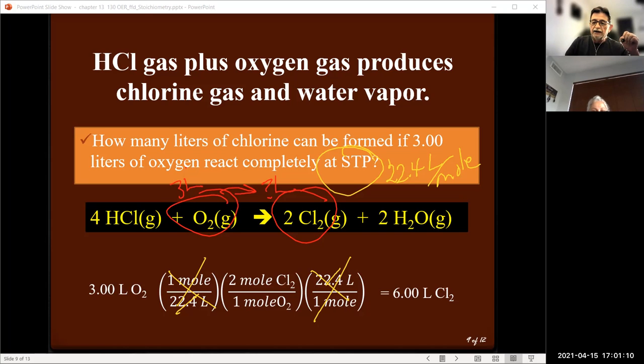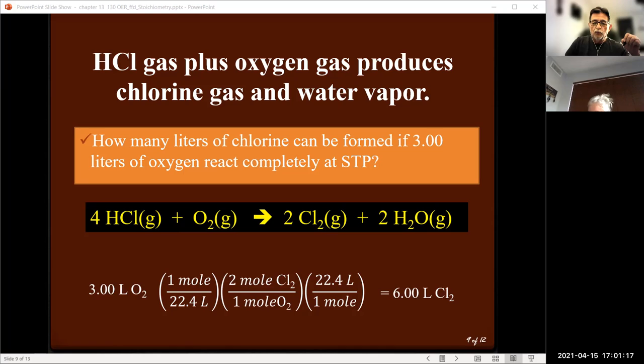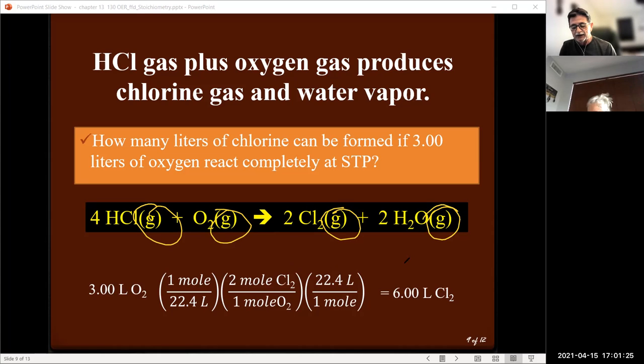But that is only the case, and I repeat, that is only the case when everybody is in the gas phase. Gas, gas, gas, and gas. Especially the two that you're calculating have to be gases. Then we know that these two are going to cancel out by default. So all we need is the stoichiometric relationship between the two that we're calculating from, the oxygen and the chlorine.